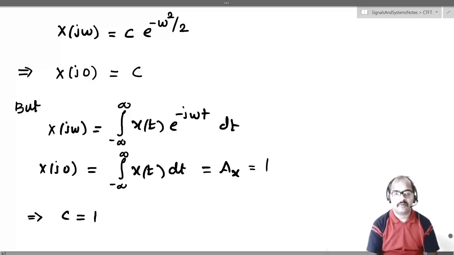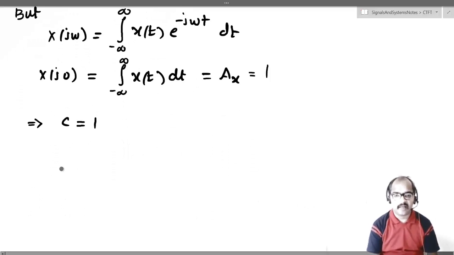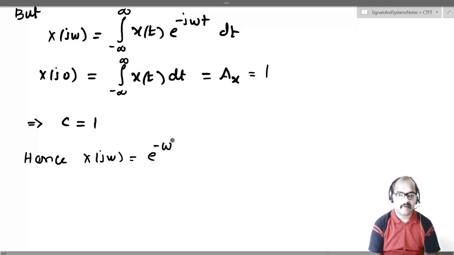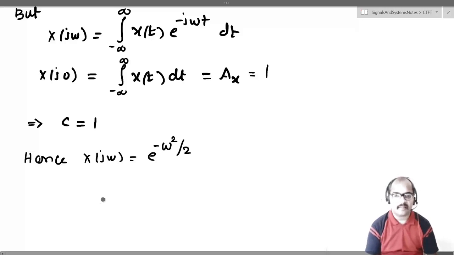So if you substitute c with 1, x of j omega would be equal to e power minus omega square by 2. So that is the Fourier transform of the Gaussian. If you pay a little attention, you can see that this is also Gaussian.